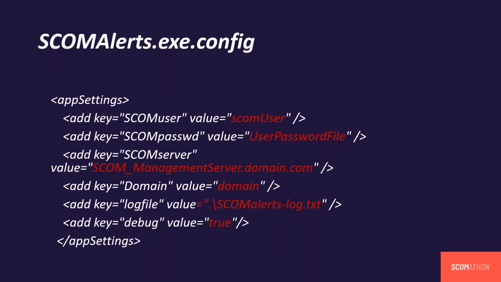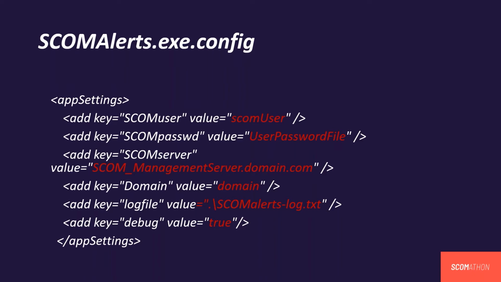So the SCOMAlerts.exe.config looks something like this. It's just key value pairs. So if you're familiar with C#, this is pretty straightforward. Basically, you're specifying the SCOM user, an account that has access to write into SCOM events. The password file is where we use the crypt executable to create an encrypted password file.